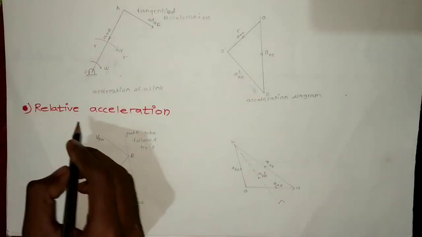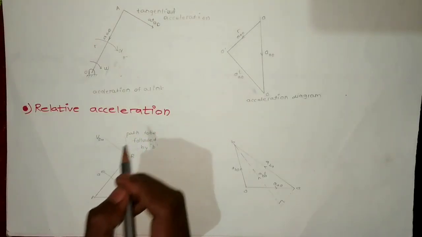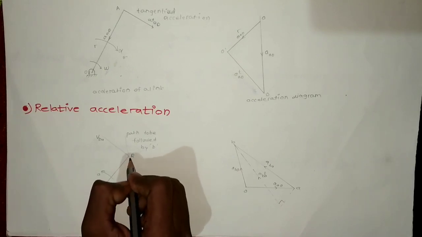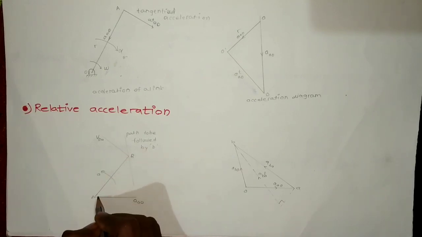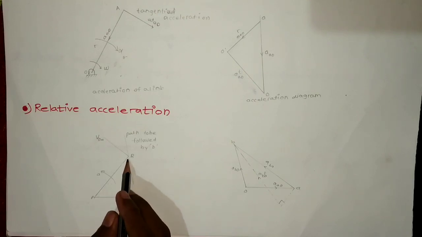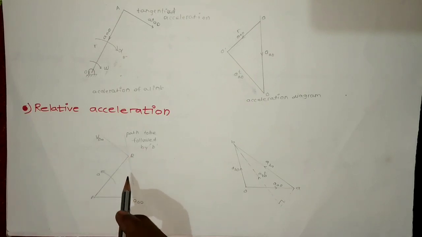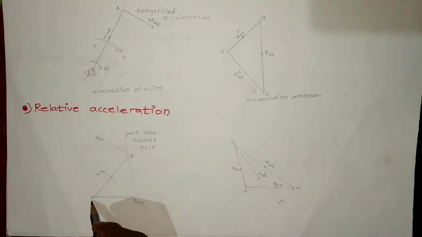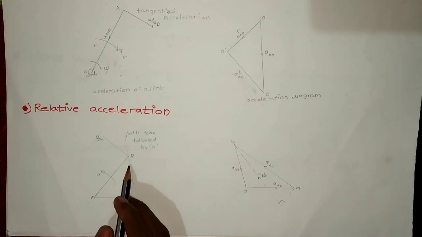Next, relative acceleration. Consider two points A and B on the link given in the figure. The acceleration of point A is known in direction and magnitude as given in the figure. At the same time, point B is moving along the path as shown in the given figure. The acceleration of point B is not known. The acceleration of point B is determined by drawing the acceleration diagram in the following way.